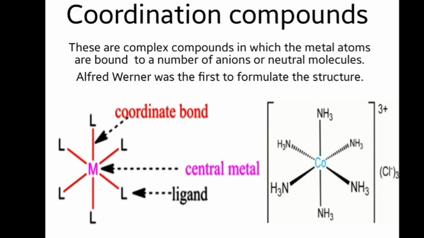This will have a counter ion. Can you see the Cl- outside the bracket? We'll learn in detail what this coordination compound is. Alfred Werner was the first scientist to formulate the structure. By doing a number of experiments, he suggested the structure of coordination compounds.